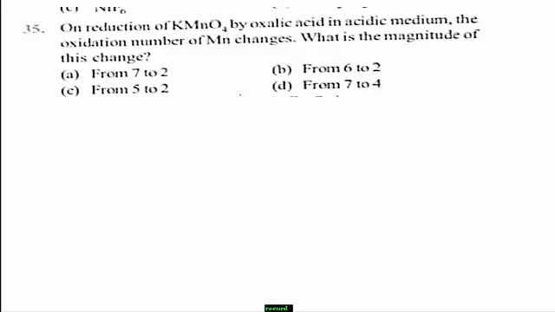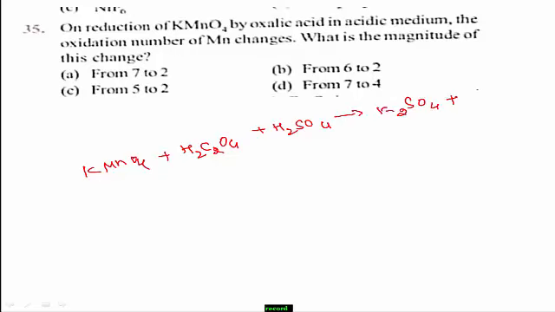The reaction involved in the given question is KMnO4 plus H2C2O4, oxalic acid, in presence of acidic medium, means I add H2SO4 here, then you get the products K2SO4 plus MnSO4 plus CO2 plus H2O. This is the reaction.